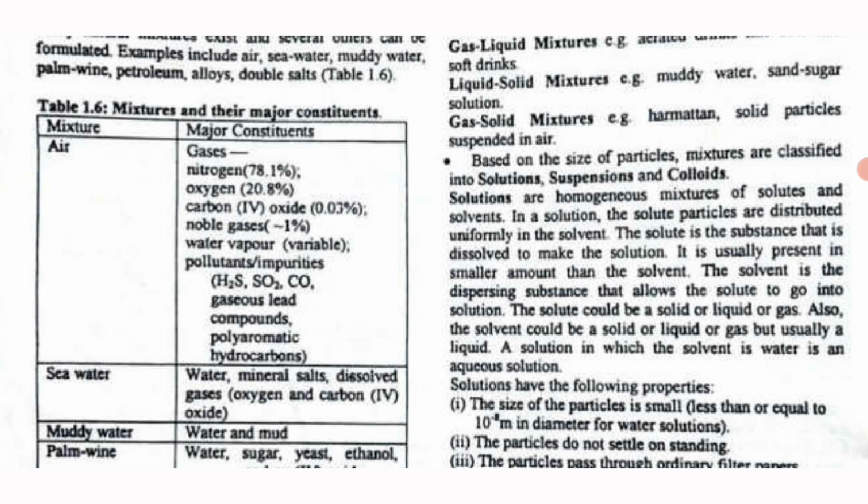Now, the solute is the substance that is dissolved to make the solution. That substance dissolved to make the solution is the word solute. It is usually present in smaller amount than the solvent, while the solvent is the dispersing substance that allows the solute to go into a solution. Now we are simply dealing with two different things here. What is being added to another?